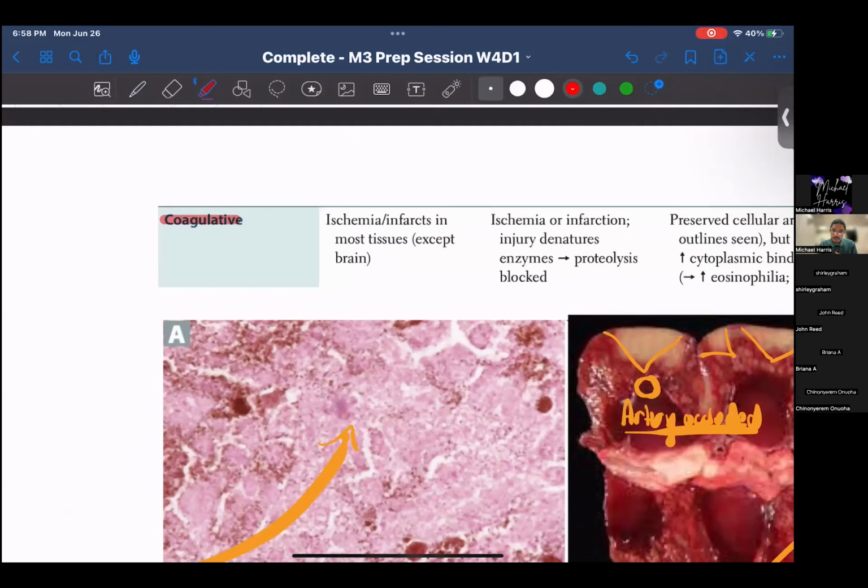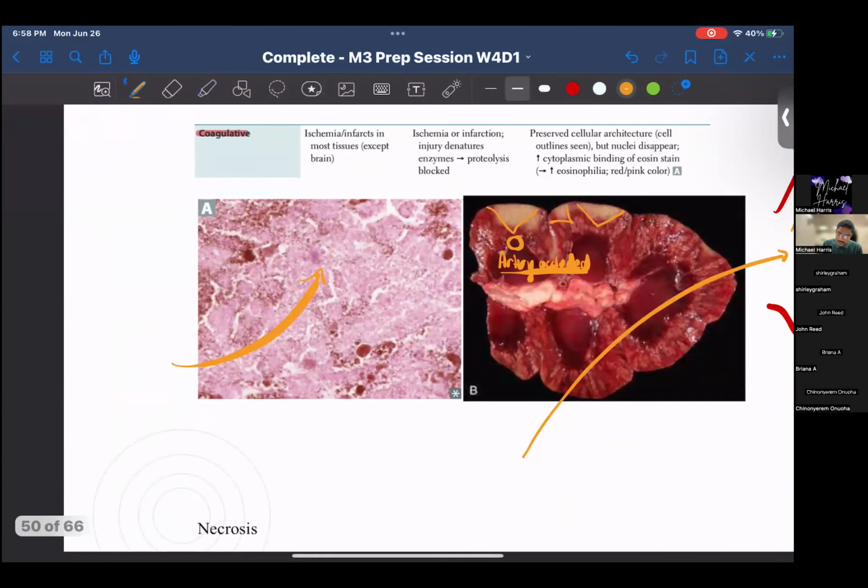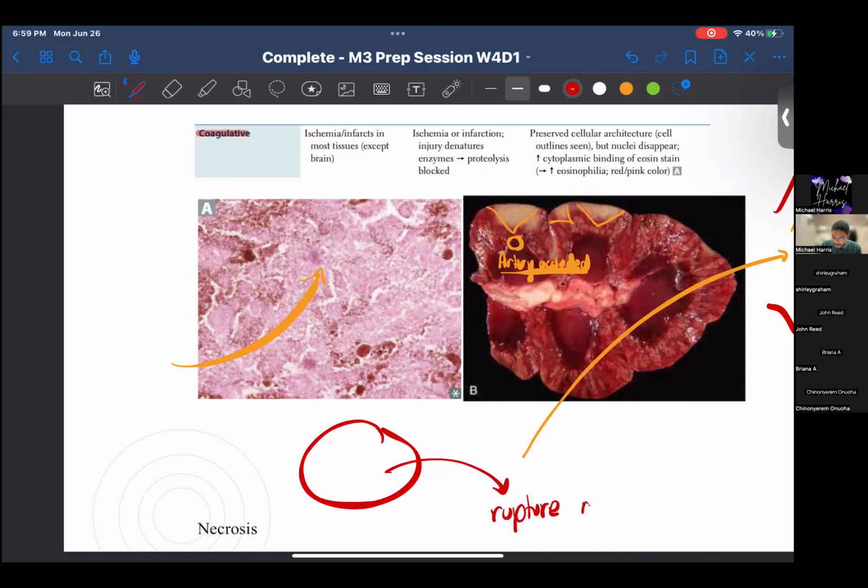Now, the reason for this is as follows. Whenever cells die via necrosis, they can die and rupture themselves, releasing enzymes, or neutrophils can come in and do exactly the same thing.